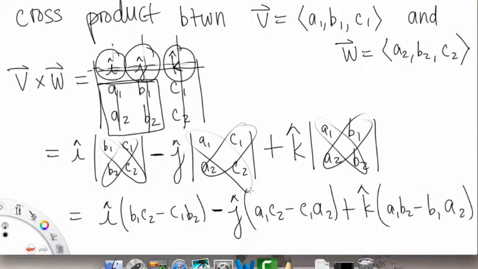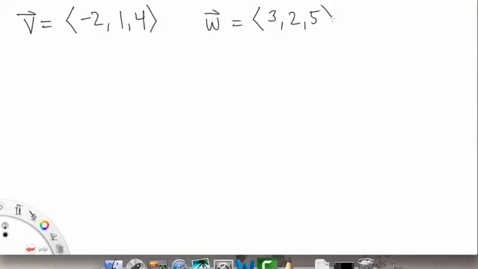It's just a process. So let's do an actual concrete example with numbers. So let's say we're finding the cross product between v, which is -2, 1, and 4, and w, which is given by 3, 2, and 5. Okay, so let's set it up first of all.